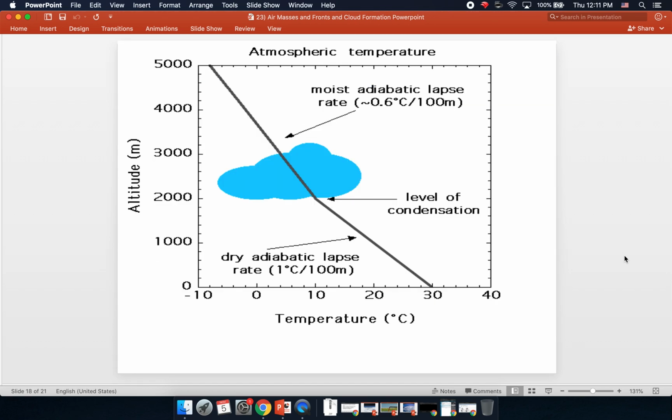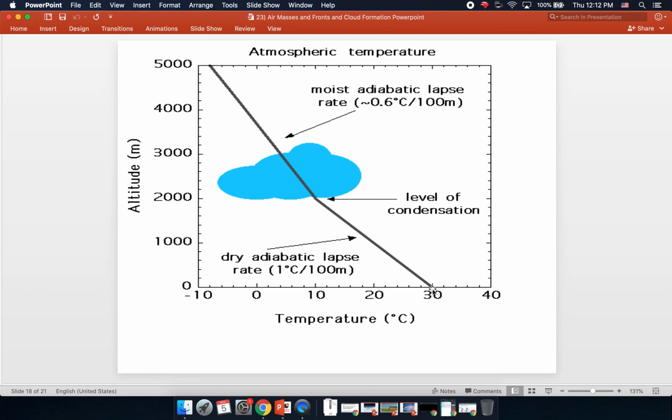All right, and here we can see it again. This chart just demonstrates. See here, before clouds have formed here in the dry adiabatic lapse rate, all right, you have this air mass cooling by 10 degrees Celsius for every 1,000 meters that it rises in altitude. You can see that here, okay? All right, it's going up by 1,000 meters from the ground at 0 meters to 1,000 meters high.